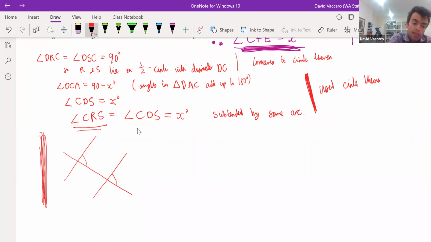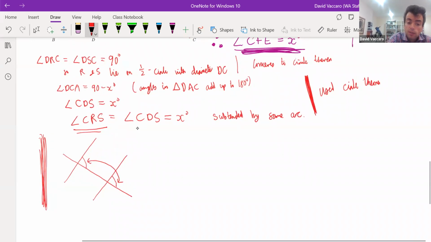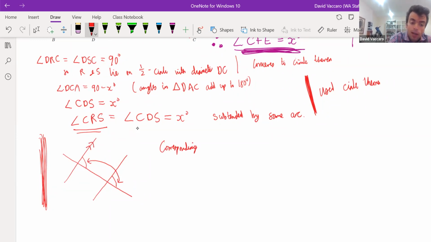How would you describe these angles? So we would describe these angles as corresponding. And if these lines are parallel, then the corresponding angles are equal.